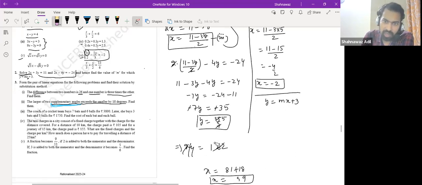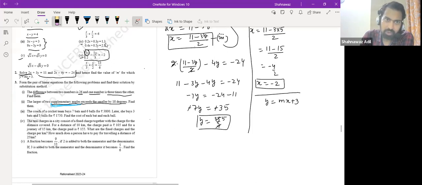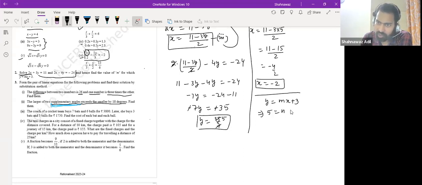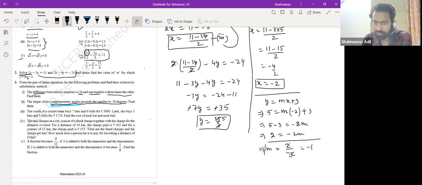So let us put the values of x and y. So y is 5, m we want to find out, x is minus 2, plus 3. So 5 minus 3 is 2, equal to minus 2m. So m is 2 by minus 2, which is minus 1, right? So this was the question.